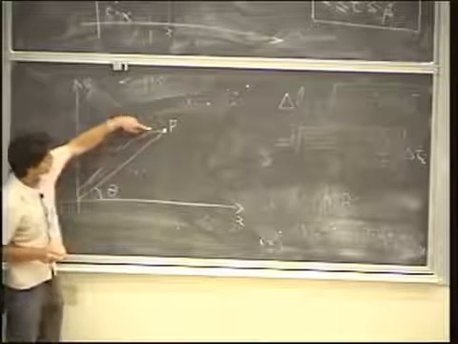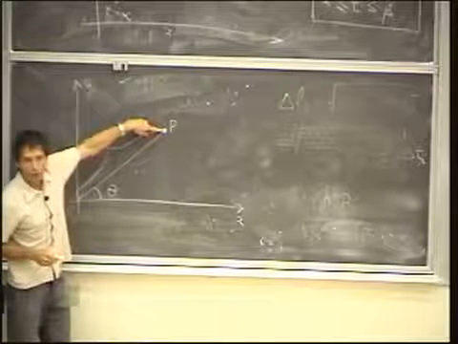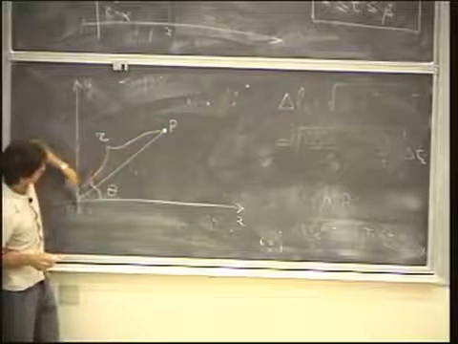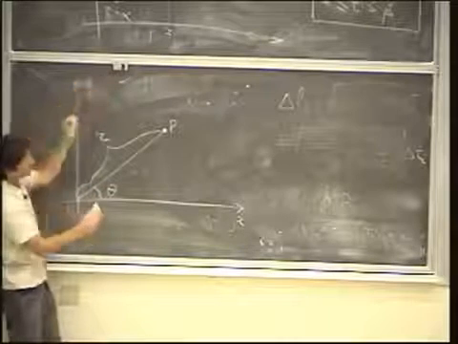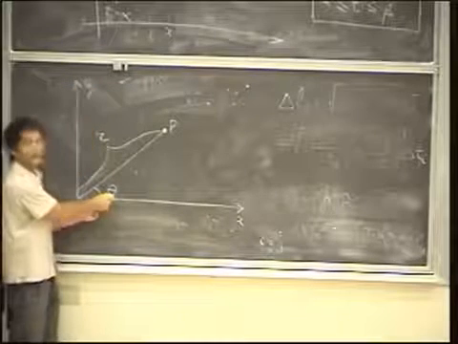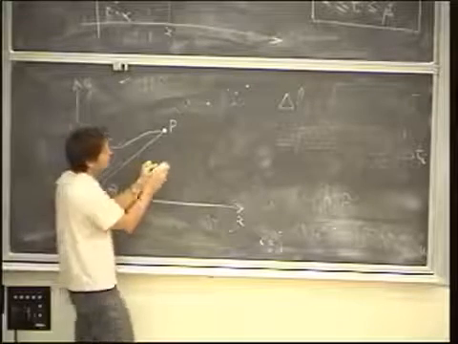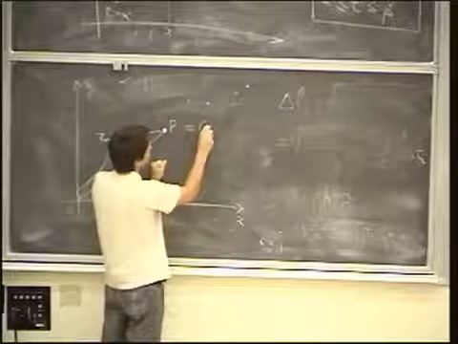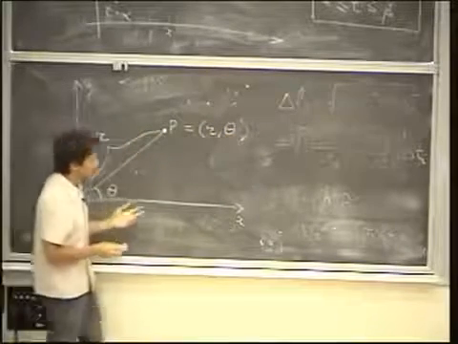So now, as I said, the set of all points which have distance r to the origin is the entire circle. But within that circle, there is only one point for which the angle is a particular angle theta. So now we pin down this point in a unique way once we know these two numbers, r and theta. And these are called the polar coordinates.